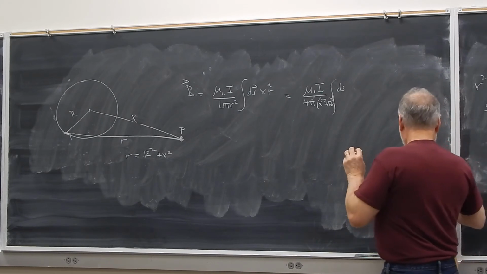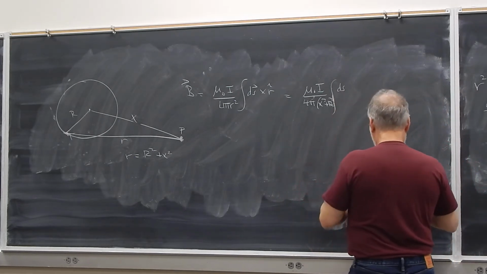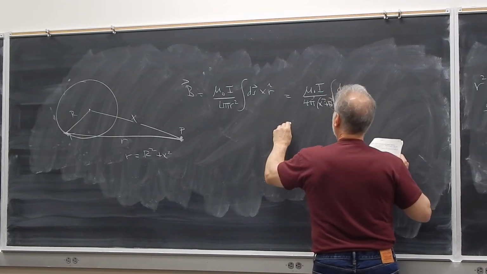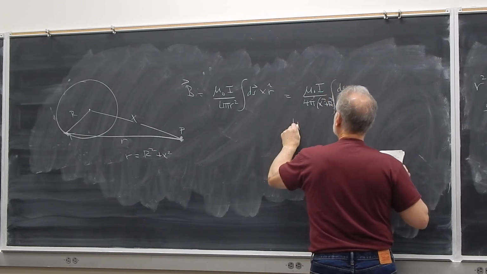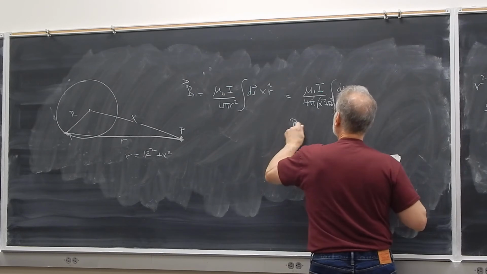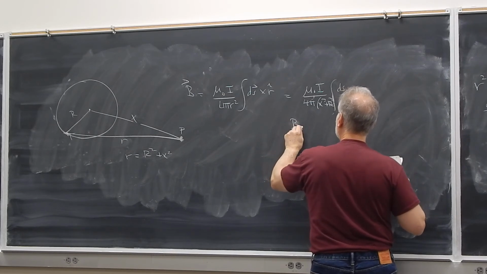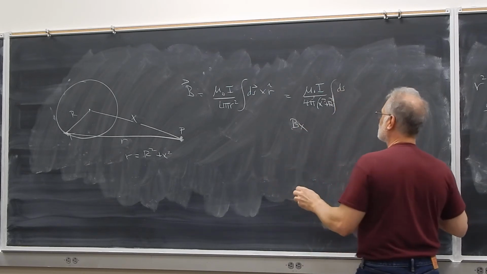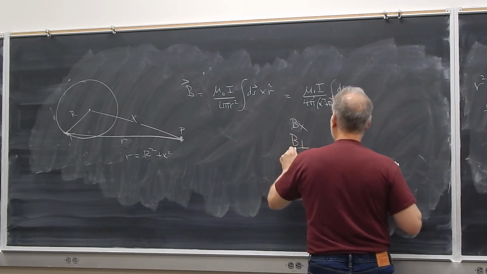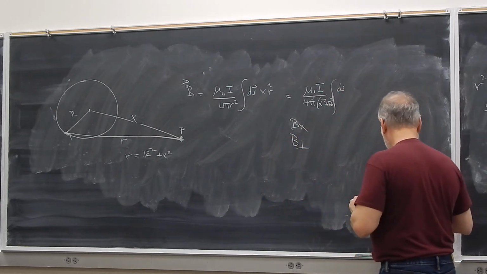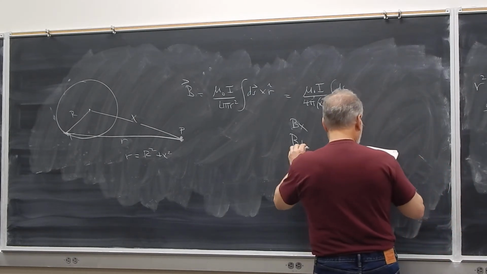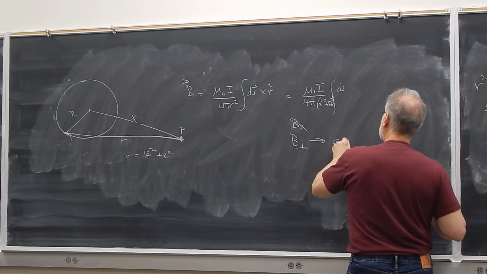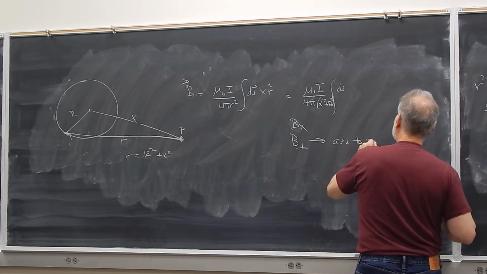If I write it this way, I'm going to find that if I break the magnetic field into two components, the field that's along the x direction and the field that's perpendicular to the x direction, all of the perpendicular components add to 0.